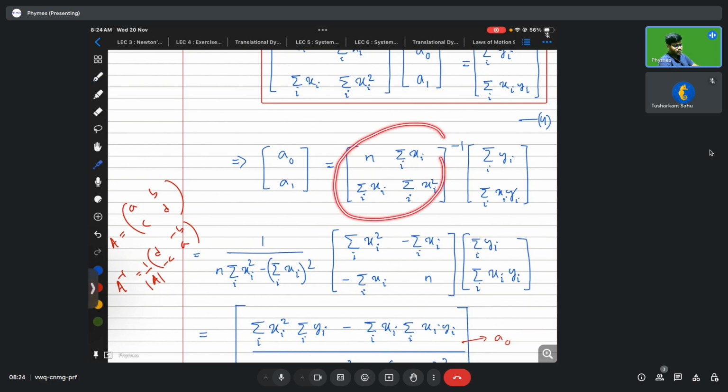This is a matrix, and its inverse will be what? Just take D and A like this, D in this position and A in this position, and take the negative of the B and C terms, right?